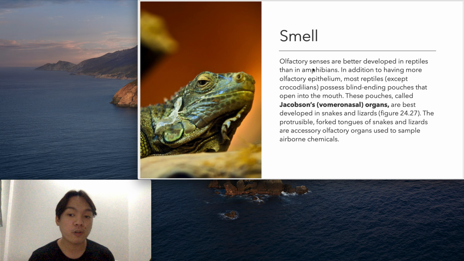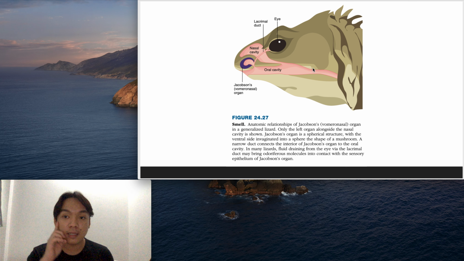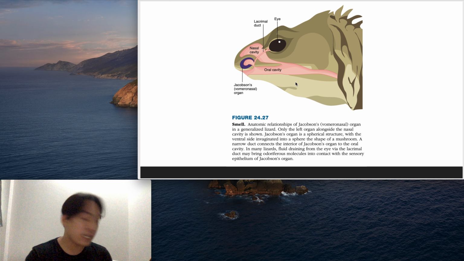The protrusible forked tongues of snakes and lizards are accessory organs for airborne chemicals, so they can test the air for chemicals, such as toxic ones, coming their way. This is the Jacobson's vomeronasal organ, with the oral cavity, nasal cavity, and lacrimal ducts in the eye of the reptile.